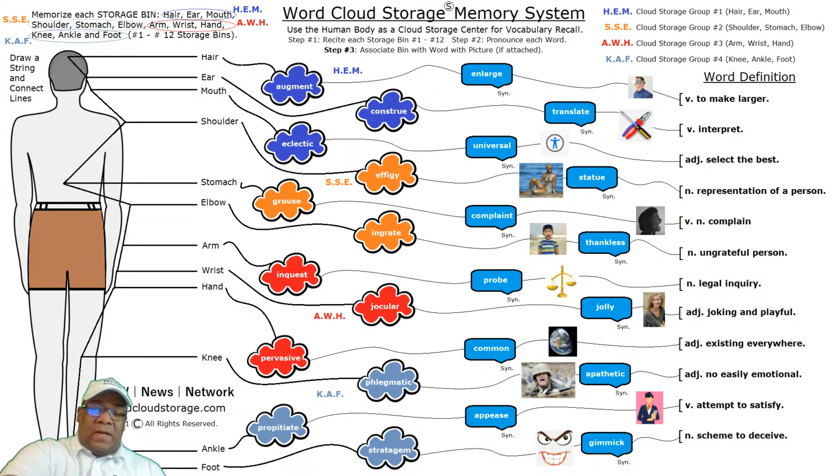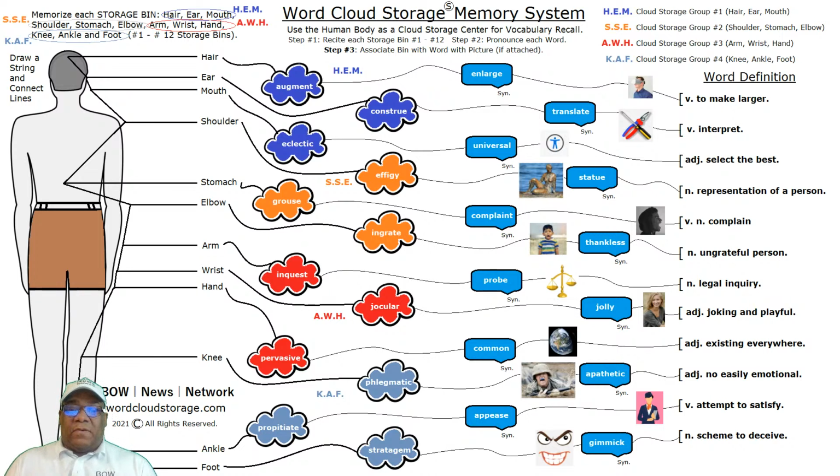And then we cover the right side, and we're going to try and make an association with the synonym. Pervasive, and that's common or universal. Phlegmatic, that's going to be apathetic, not easily emotional. Propitiate, which is to appease, and stratagem is a scheme or gimmick.